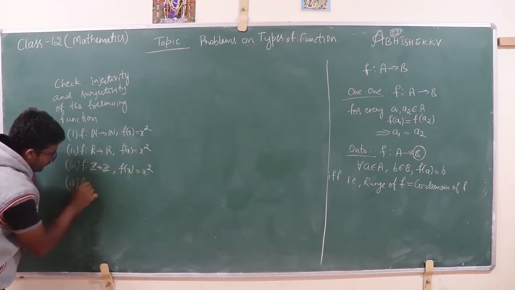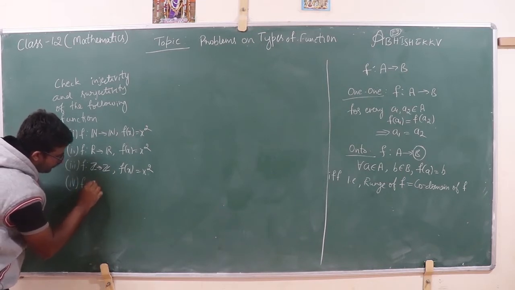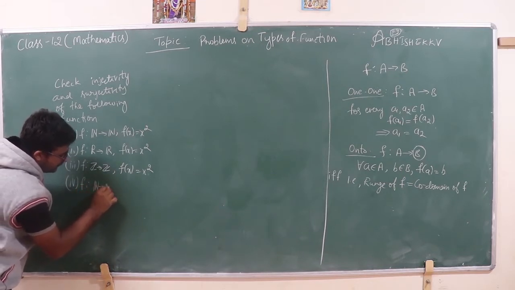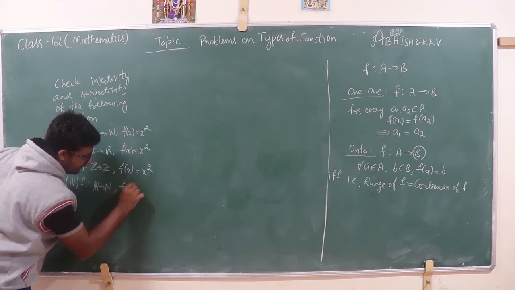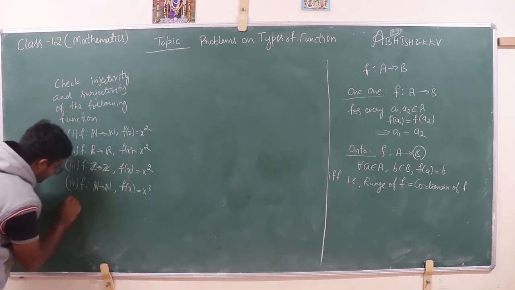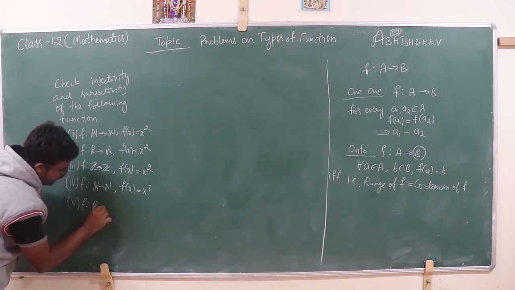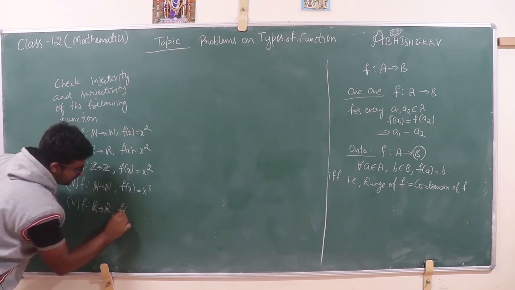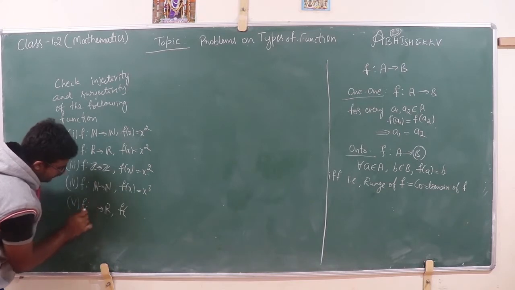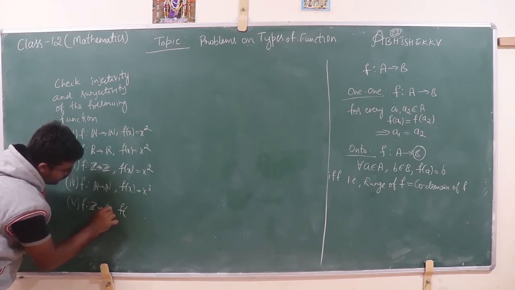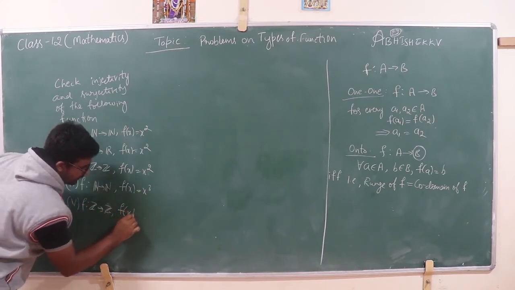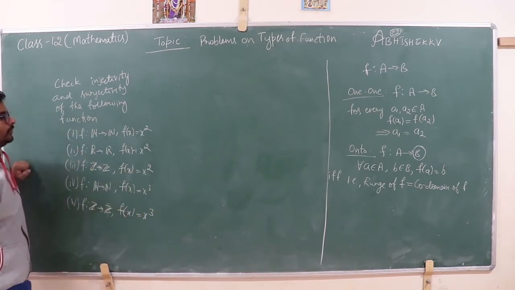Then the function f from natural numbers to natural numbers such that f of x is equal to x cube. Then the function f from real numbers R to real numbers R, or set of integers to set of integers, such that f of x is equal to x cube.